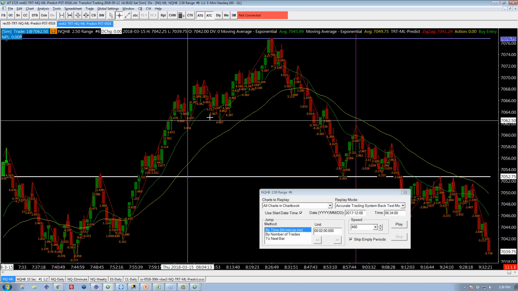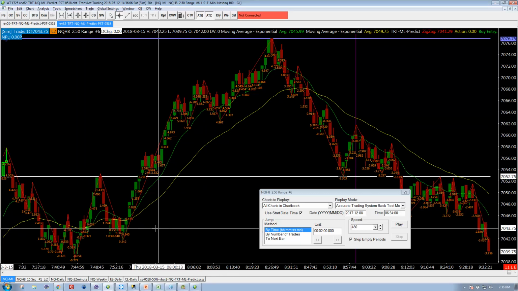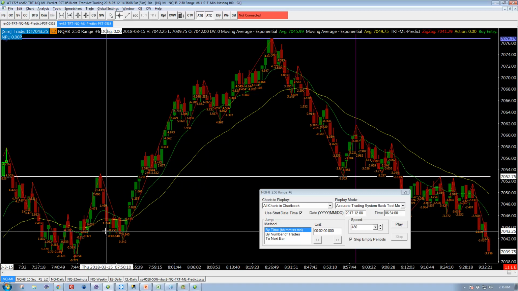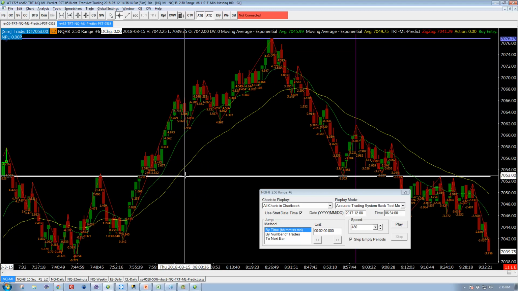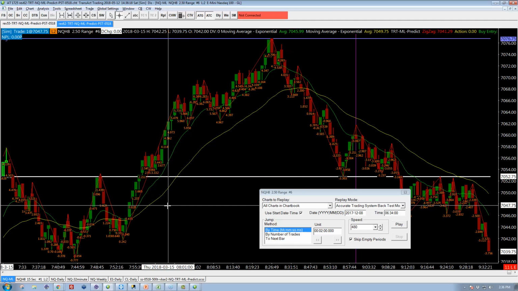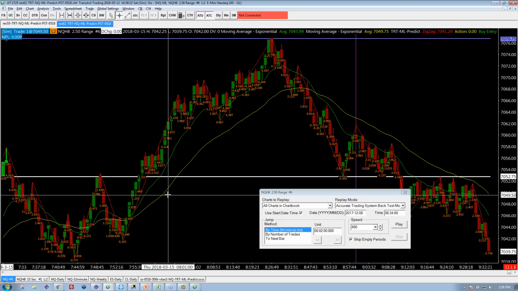And I did two things in the tests. I did just a normal baseline test with this new model. And then I did the same test simultaneously, but I would only take trades in the direction of the cross. So like here, the 13 is above the 34, so I would only take longs.